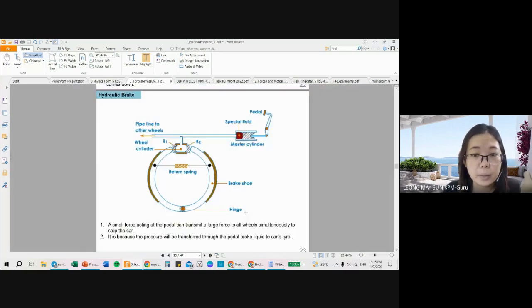When the hydraulic fluid is connected to the cylinder, it is connected to the brake shoe. So a small force acting on the pedal can transmit a large force to all the wheels simultaneously to stop the car, because it is the pressure that is transferred from the pedal through the brake liquid to the car's tires. So this is using the hydraulic system as well.